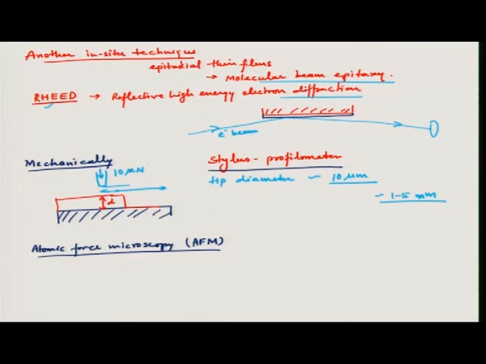So, any small deviation in the position can be detected. The tip diameter is around 10 to 25 nanometer, and also the thickness resolution is around 0.1 nanometer.